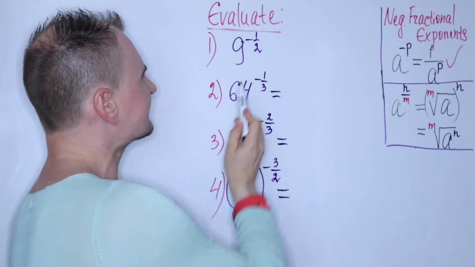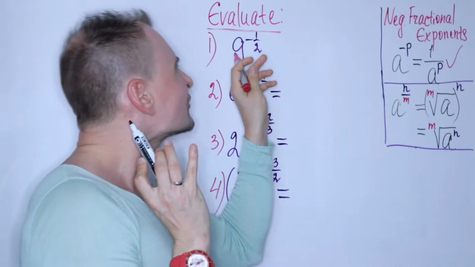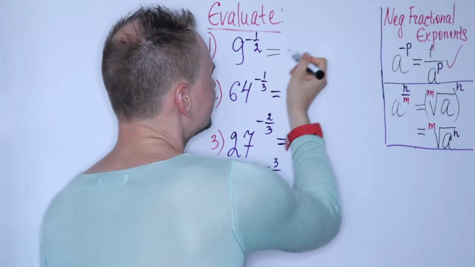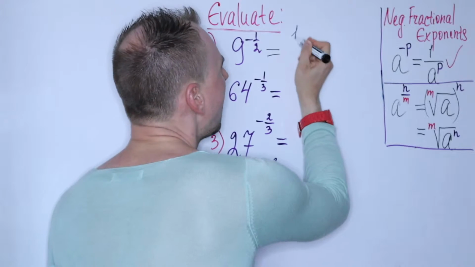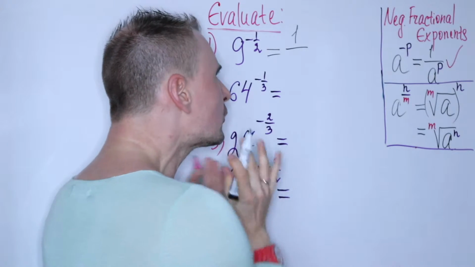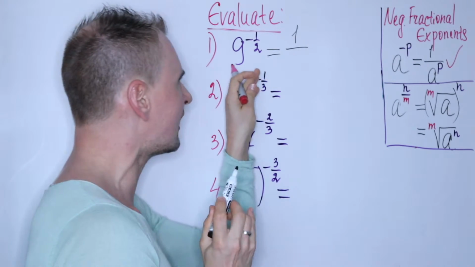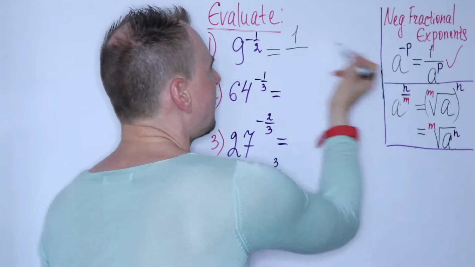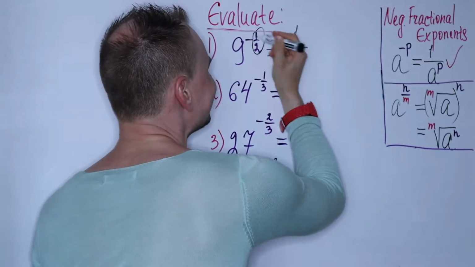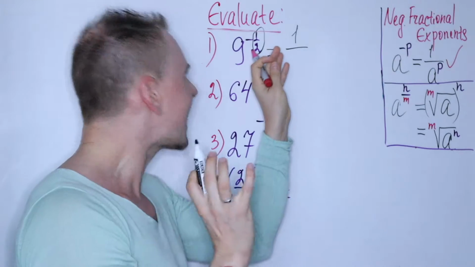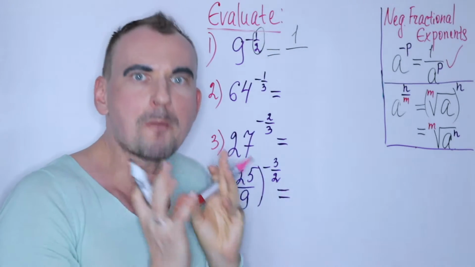Say you have been given something like this, 9 to the negative a half. All you need to do is just take the reciprocal. So 1 over, and basically you could match up. Your base is 9, so your a is 9, and your entire power, so your p, is a half. Do not be freaked out that it's a fraction, that's just your power.